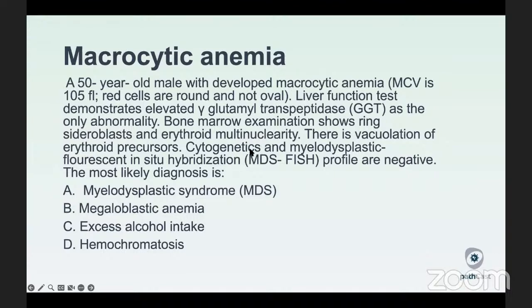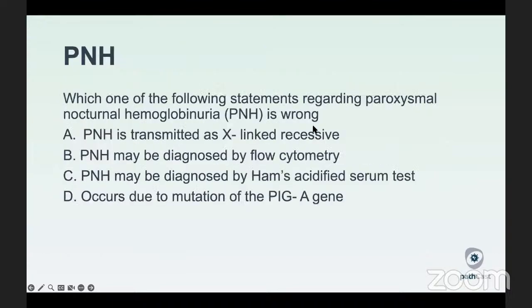But the cytogenetics for MDS is negative. So this is not a case of MDS, and the macrocytosis and other dysplastic features can occur with excess alcohol intake. So you have to be familiar with all causes that can cause morphologic dysplasia.